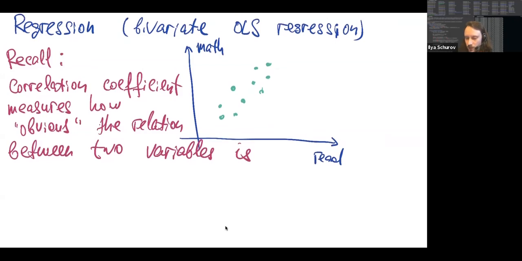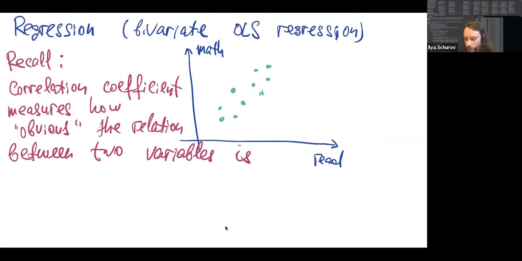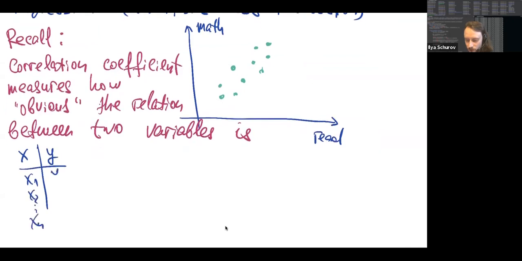And let me recall the formulas for this correlation coefficient. Assume that we have two variables, x and y, and we have some values here, x1, x2, and so on, xn, and y1, y2, yn.